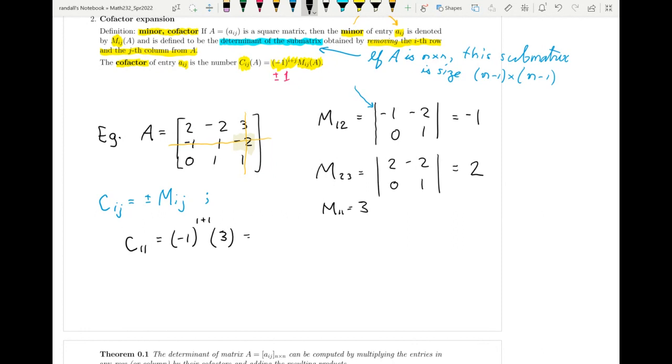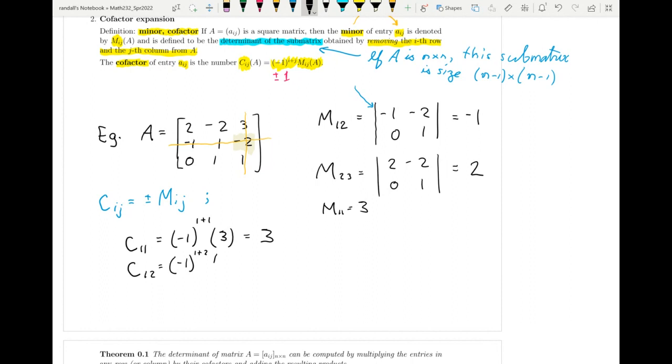So this C11 is equal to M11, because the minus 1 to the power i plus j term just comes out to be 1. However, if I go to C12 now, you'll see something changes, because now it's minus 1 to the power 1 plus 2, which is 3, which is odd. So that's going to give me a negative sign.